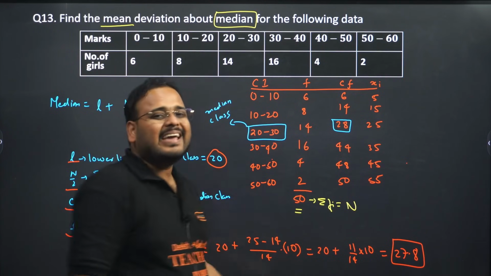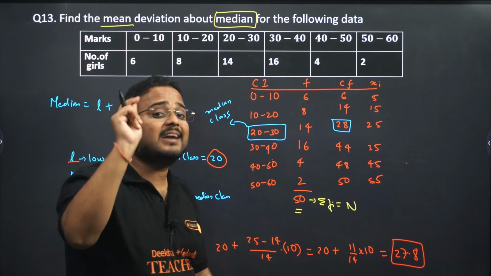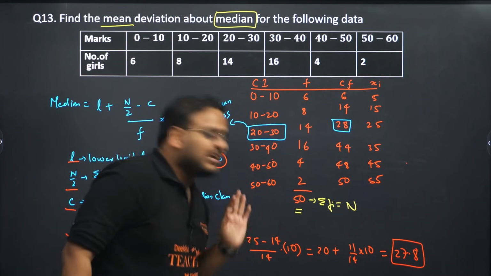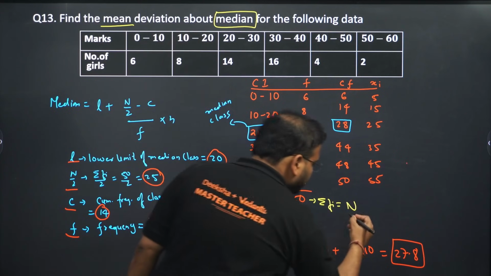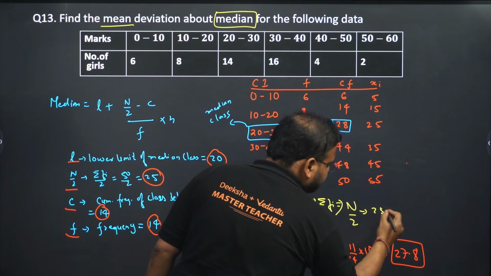Now listen to me from here onwards, very important. The question is very simple, you just have to understand the path to go in this kind of question. After finding the sigma f value, divide it by 2, which is 25.